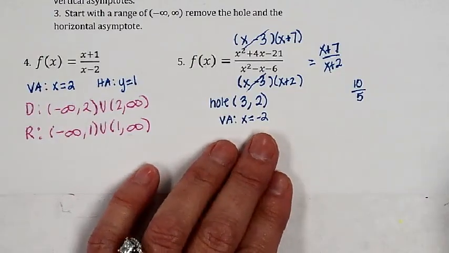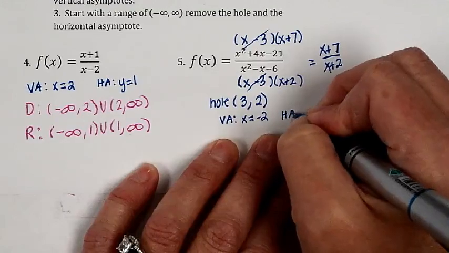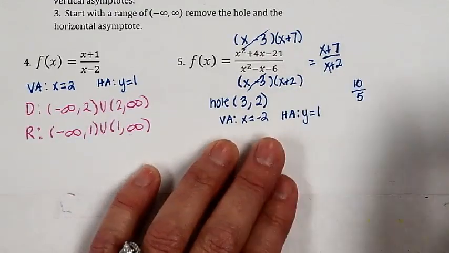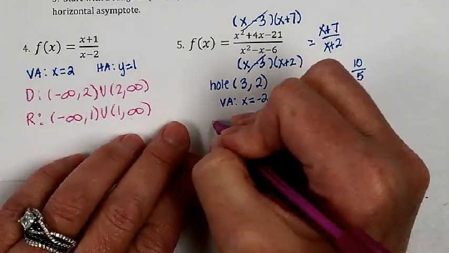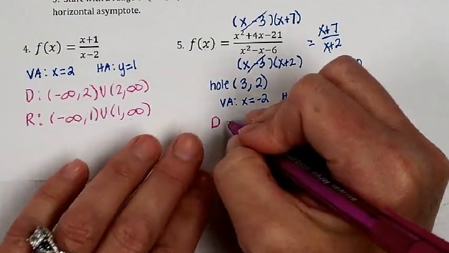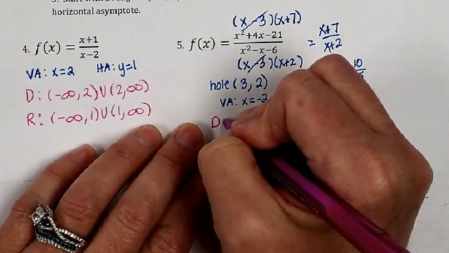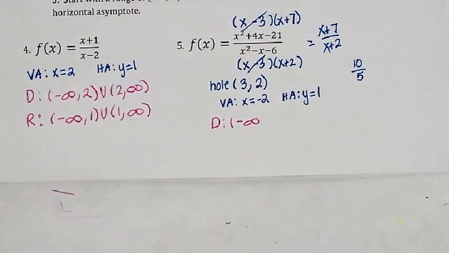Alright, this time we do have to also think about the hole. So domain, we're still going to say negative infinity. If you look at your axis, we're talking about the 3 and the negative 2. Negative 2 on the number line comes before 3.